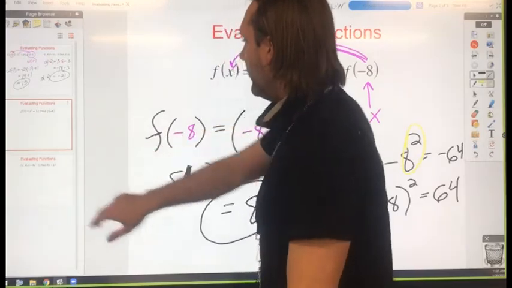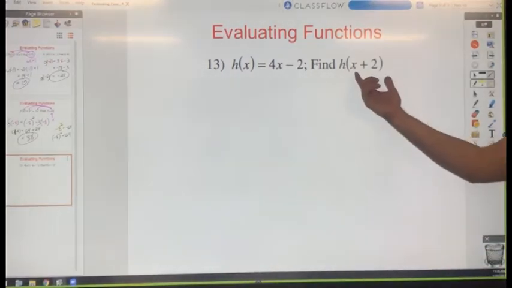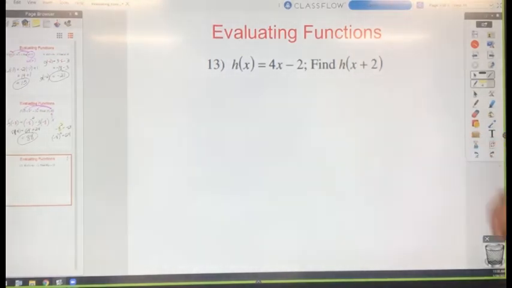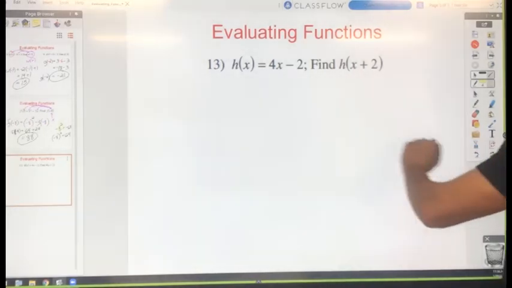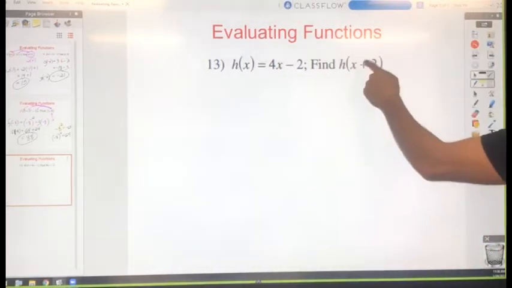Not always will you just have some number to plug in. You can in fact plug in anything for this value here. This is important because when we run into the difference quotient, we're going to have to do just that. So I have my function h of x equals 4x minus 2, and I want to find h of x plus 2.